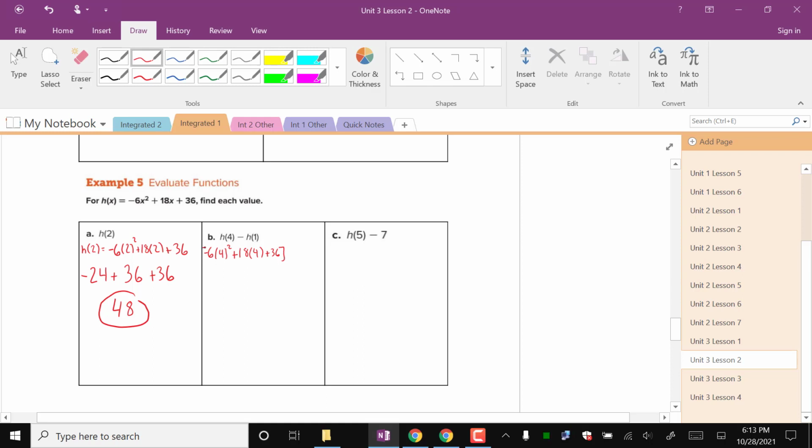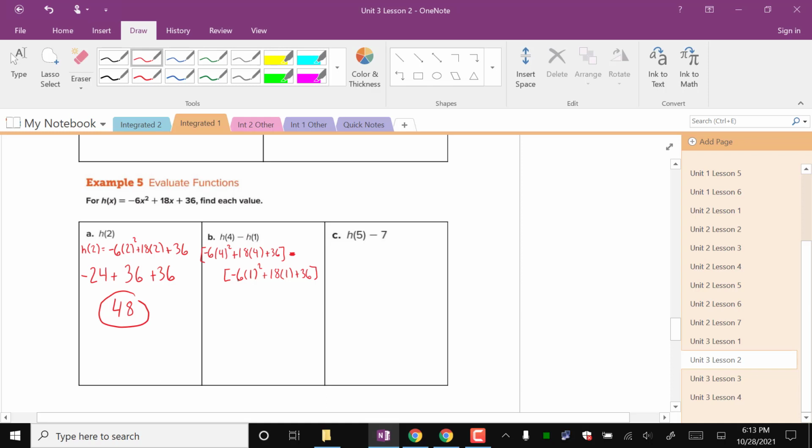And all that's going to be subtracted by negative 6 times 1 squared plus 18 times 1 plus 36. So for the first one, I put 4 in it. For the second one, I put 1 in it.